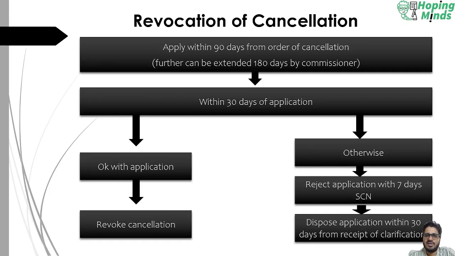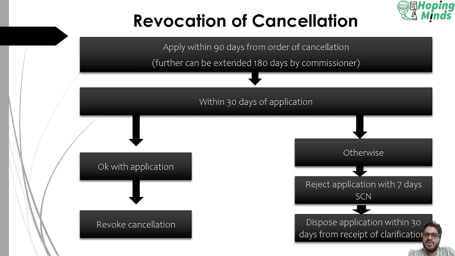Revocation of cancellation. Once our registration has been cancelled, we can still file a revocation application within 30 days from the date of approval of the application for cancellation of registration. It can be 90 days if it is filed along with a condonation.